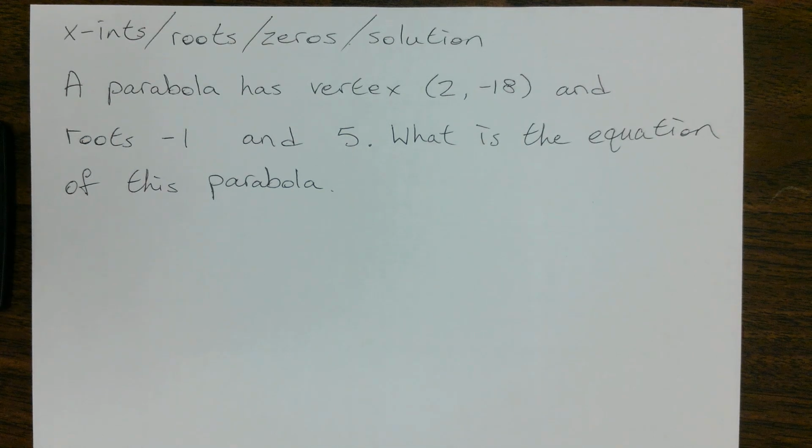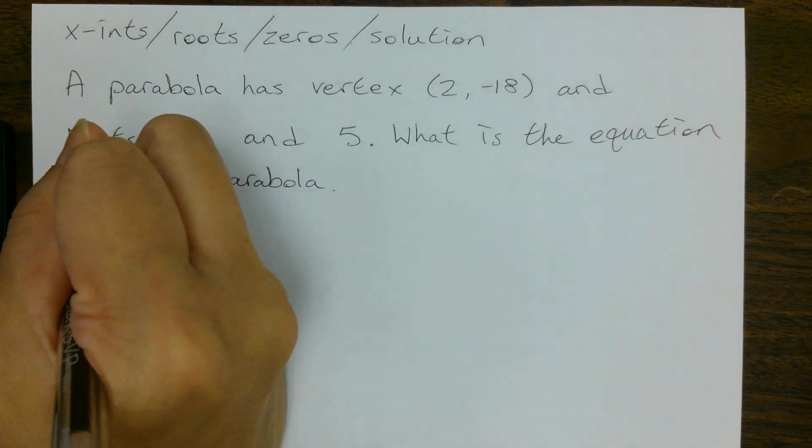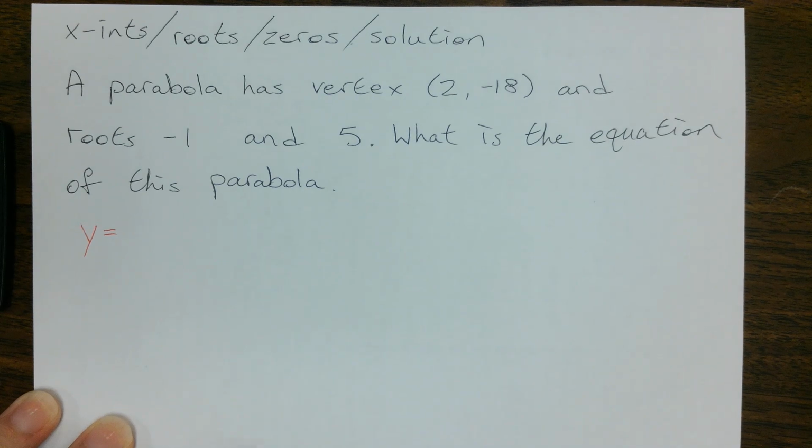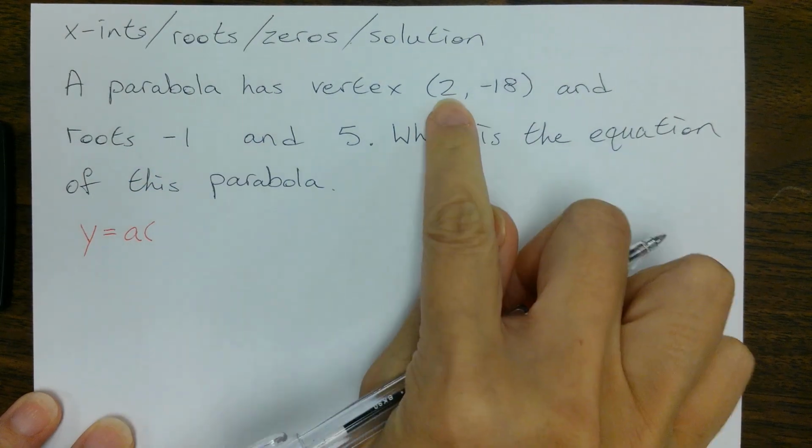Okay. So I'm going to show you guys 2 ways to come up with the equation. One way using Monday's method. Second way using yesterday's method. So since I gave you guys the vertex, we can put it in vertex form. Okay, y equals a bracket.